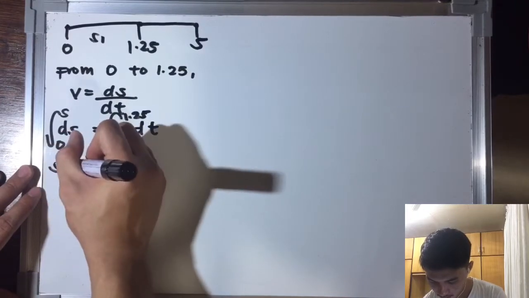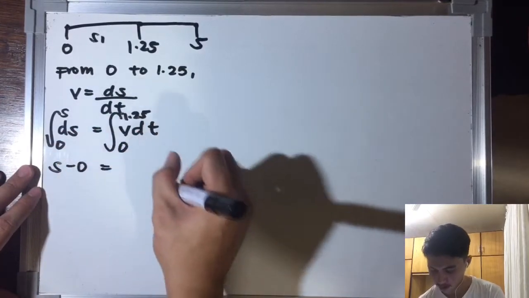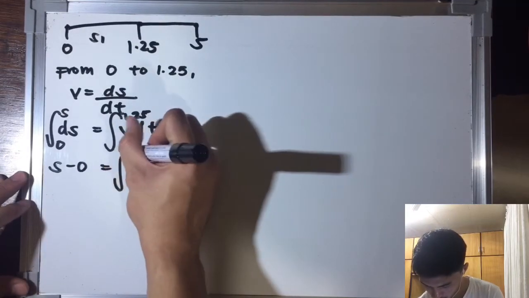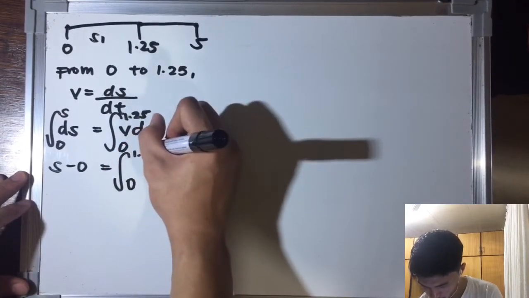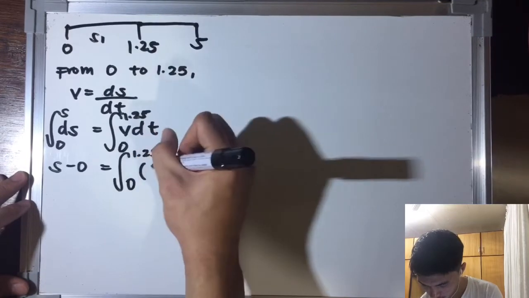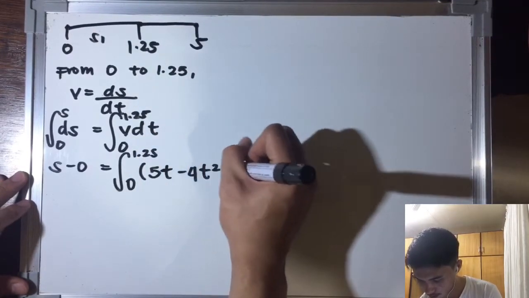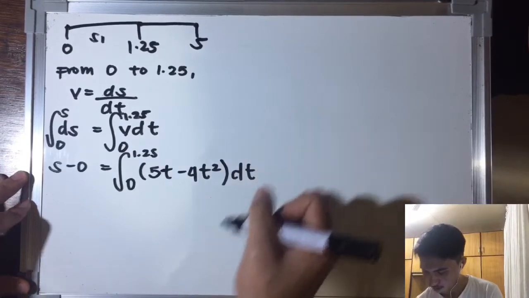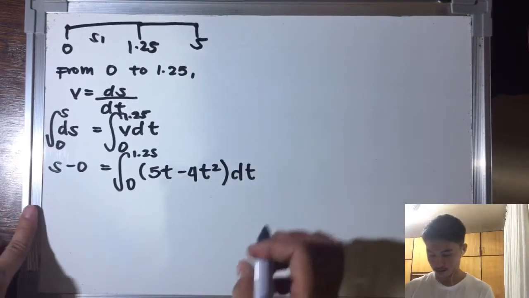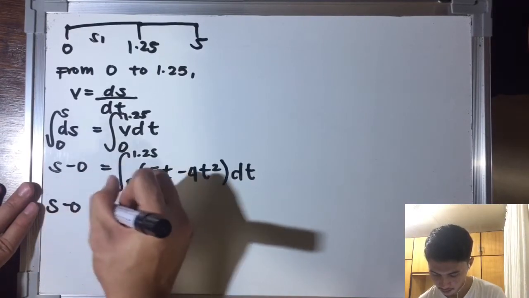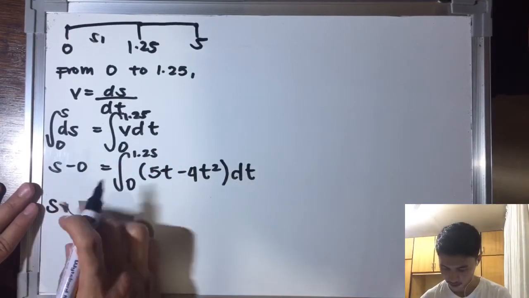So again, integrating this will give us s minus 0 is equal to the given velocity. So let us first substitute 1.25. So our velocity is 5t minus 4t squared multiplied by dt.